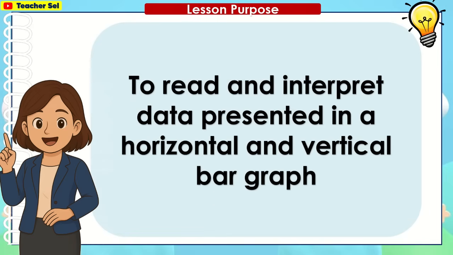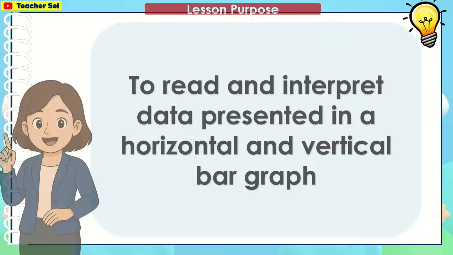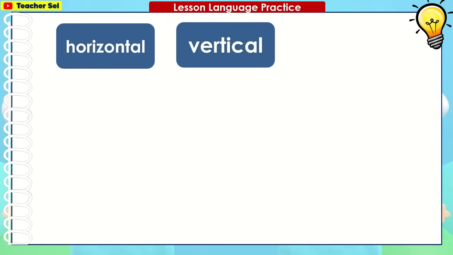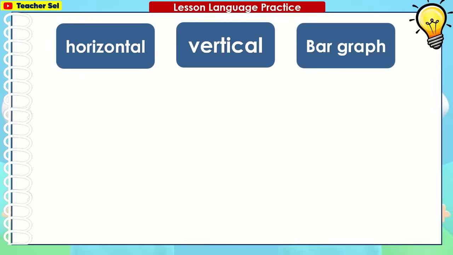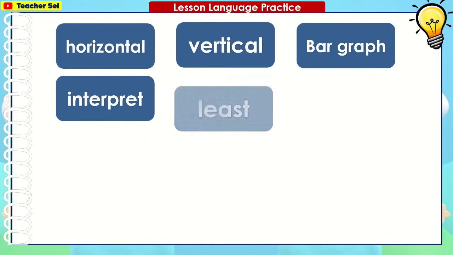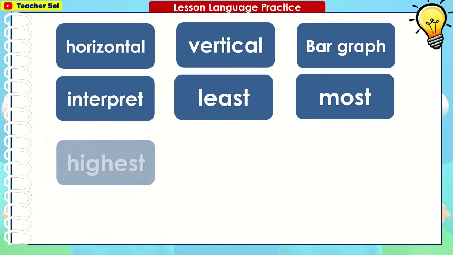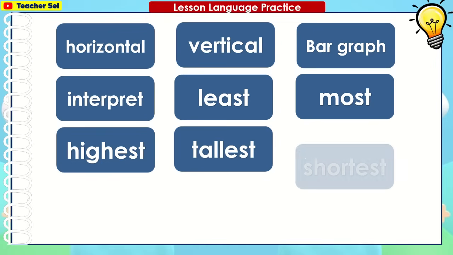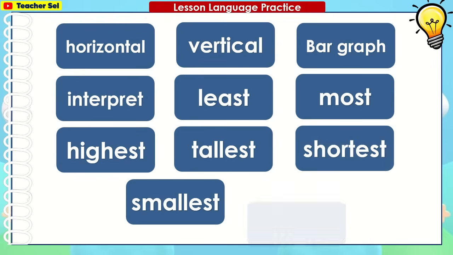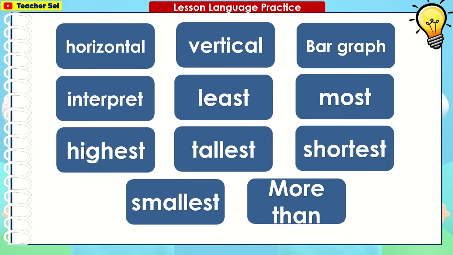Our lesson purpose is to read and interpret data presented in a horizontal and vertical bar graph. Let's be familiarized with these terms: horizontal, vertical, bar graph, interpret, list, most, highest, tallest, shortest, smallest, more than.